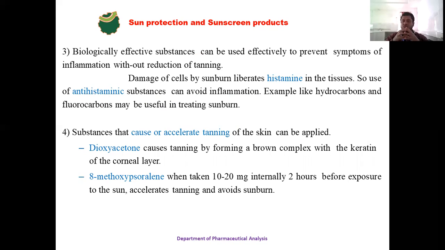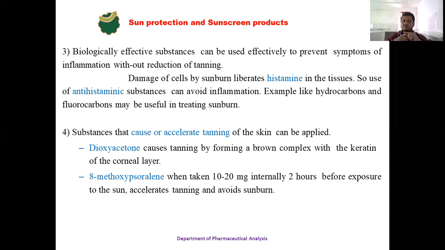So if we synthesize more melanin, then definitely the protection of the skin will also increase. If the synthesis of melanin increases, then ultimately it will protect the skin more. So increased melanin synthesis is nothing but tanning, skin tanning.